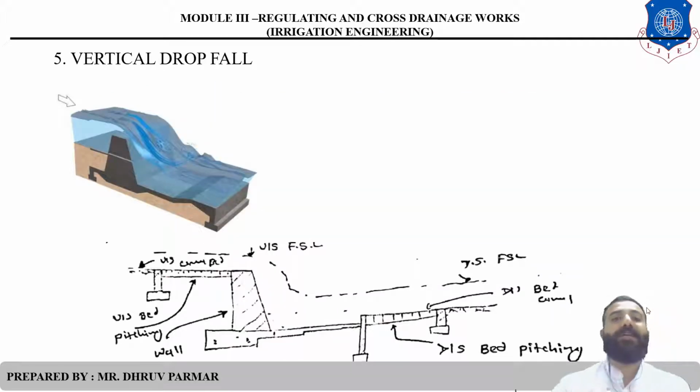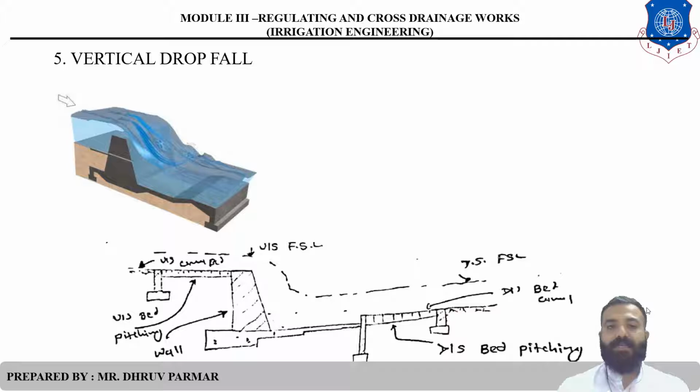The next one, vertical drop fall. In vertical drop fall, the flow is the same as the ogee fall, but it is an updated version. In the downward direction, a system is provided, and on the upstream side some protection layers are provided.